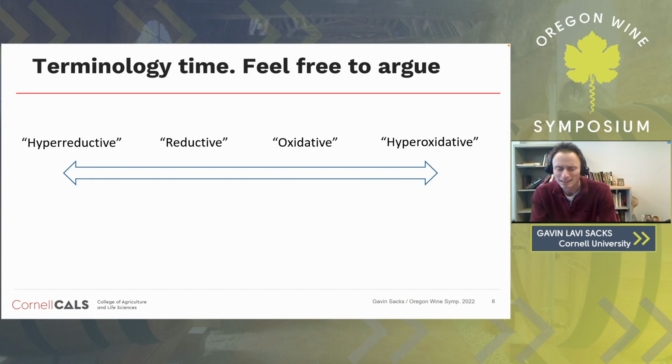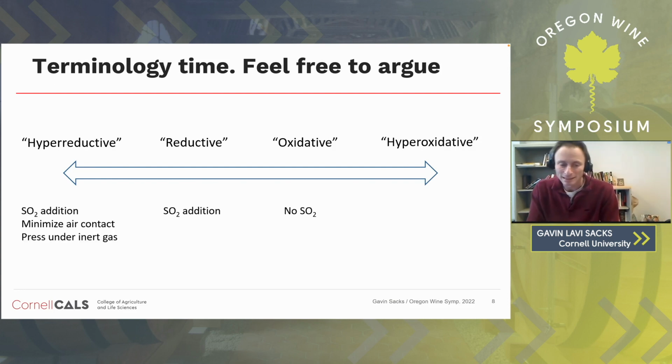The same way, oxidative, reductive, hyperreductive, some of these terms are going to be used by certain winemakers in a particular way and different than other winemakers. Generally, what I see is winemakers who talk about reductive versus oxidative: reductive winemakers add SO2, and in oxidative winemaking, they don't add SO2.